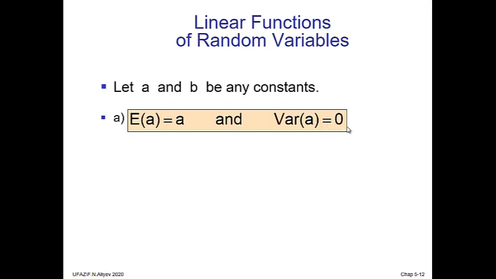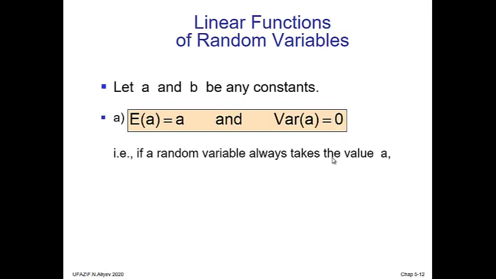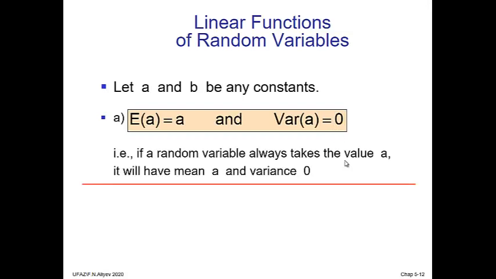Why is this 0? Because if your number is the same everywhere, what is the difference from the average? 0, of course, because all of them are equal. Yes, if a random variable always takes the value a, it will have mean a and variance 0. Remember this.